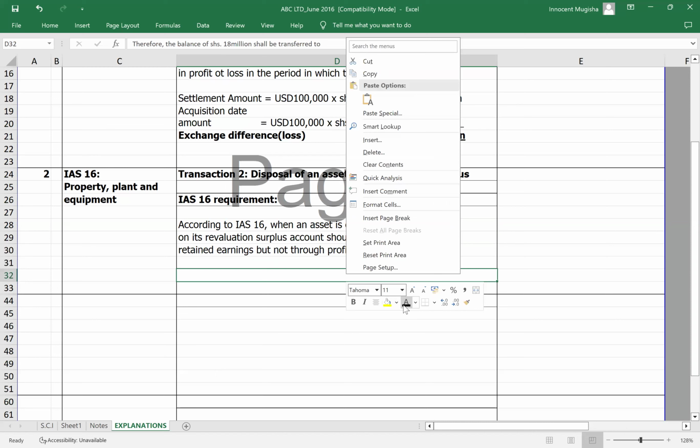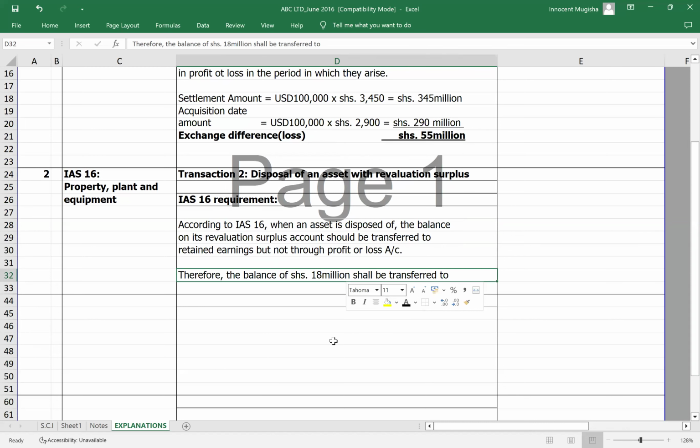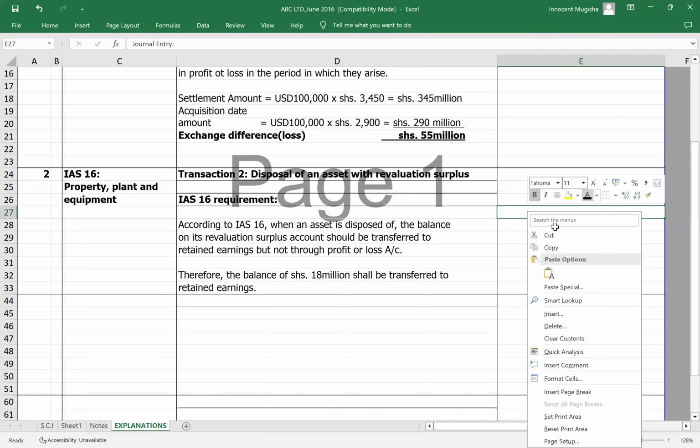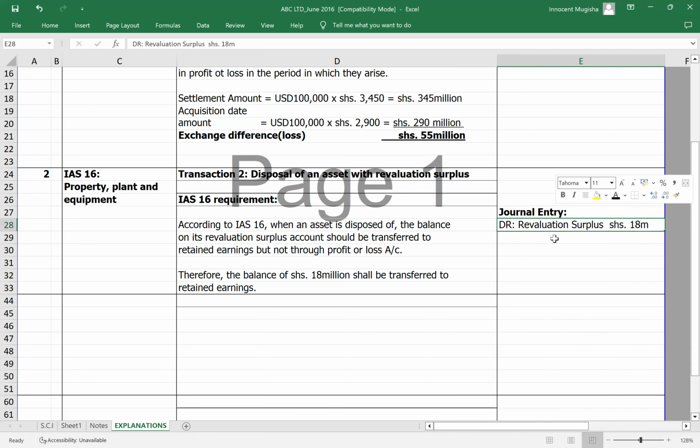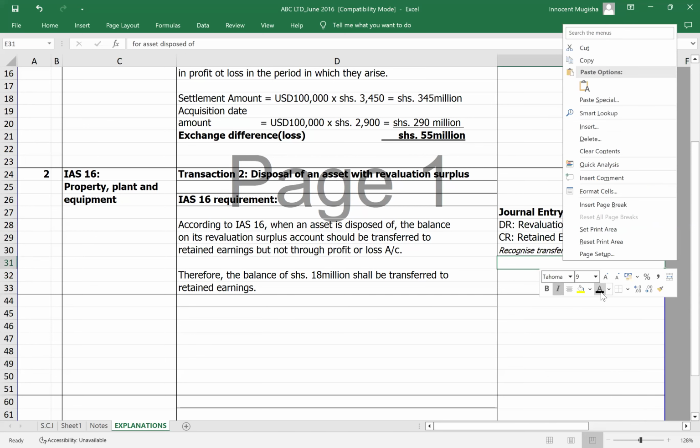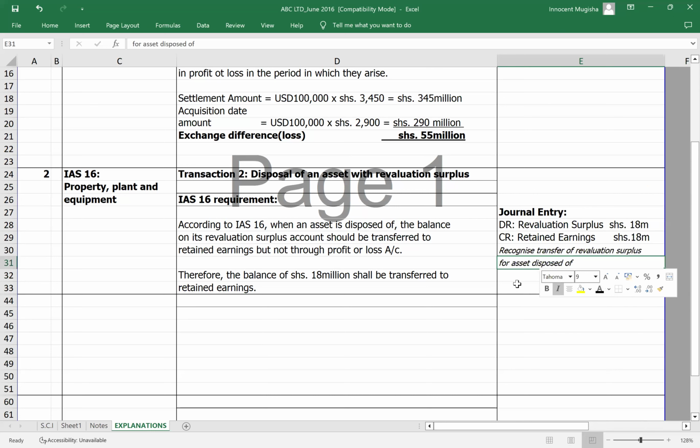Therefore, the balance of 18 million for the asset that we disposed of shall be transferred to retained earnings. The accounting entries here shall be indicated. We shall debit revaluation surplus 18 million and credit retained earnings with 18 million. And the narration is to recognize transfer of revaluation surplus for asset disposed of.